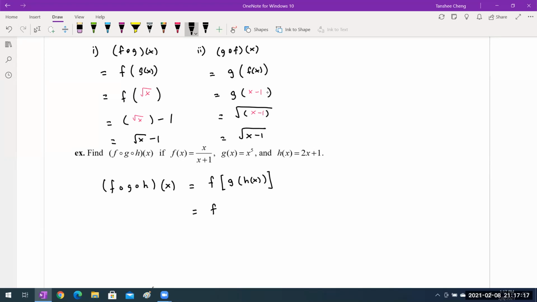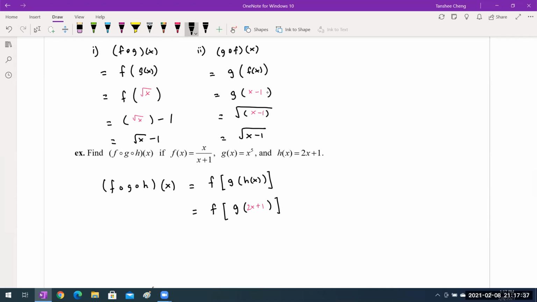So the f function. Inside it is the g function, and we're going to substitute the formula of the h function, which in this case is 2x plus 1. And this 2x plus 1 will be evaluated in the g function.